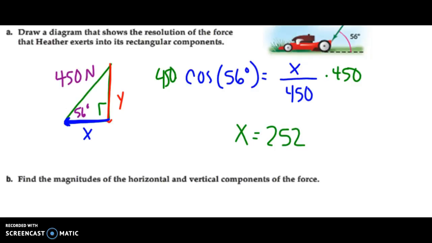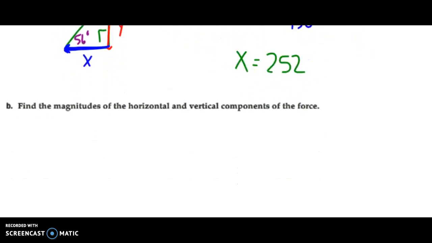To figure out Y, it's sort of the same thing, except now I'm looking at the opposite side. Which one of my values was opposite? Well, that's sine. So sine of 56 degrees is equal to Y over 450.